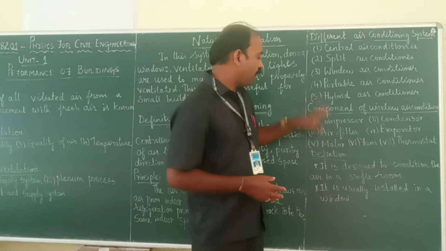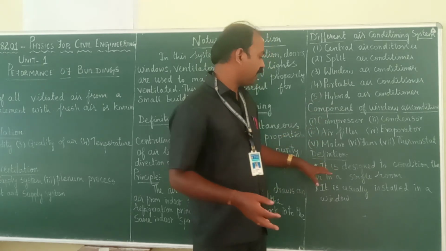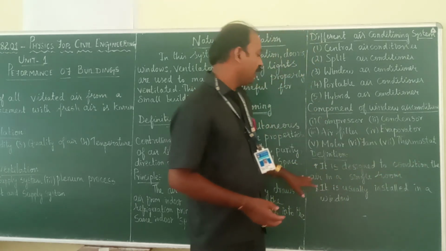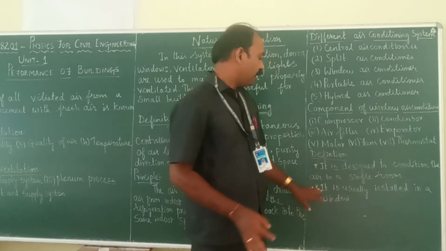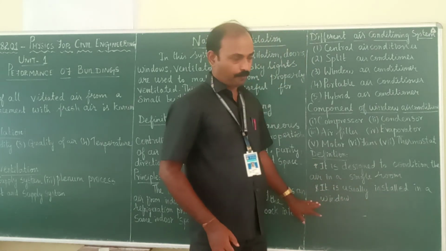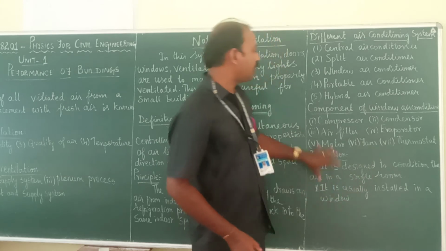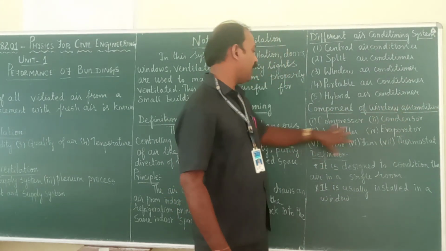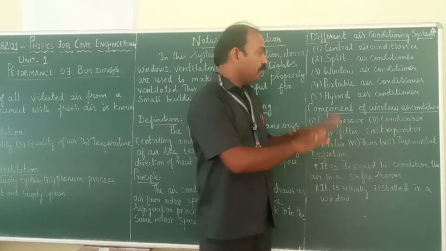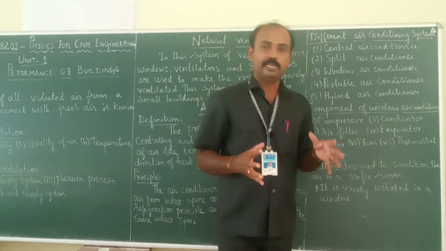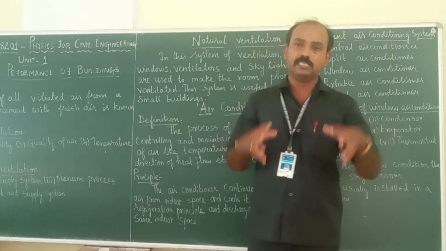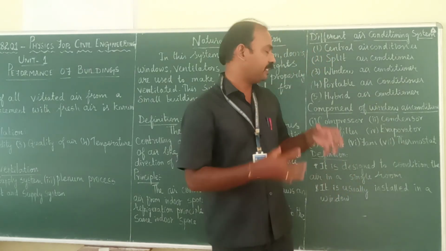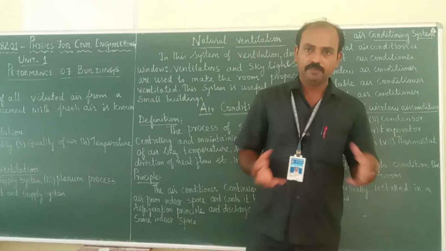So a window air conditioner is designed to condition air in a single room and is usually installed in a window. The components of a window air conditioner are the compressor, condenser, air filter, and evaporator. So that is all about the different types of air conditioner, the window air conditioner definition, and its components.